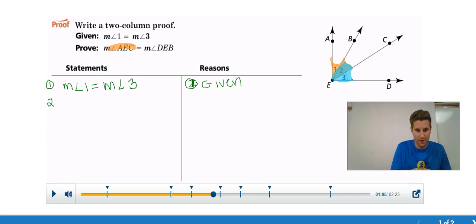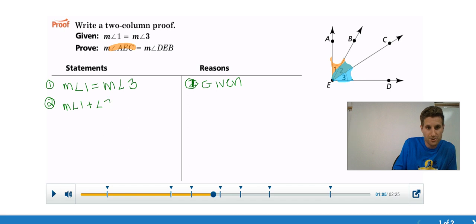Number 2. Okay, I want to show how AEC is made. It's made from angle 1 and angle 2. So I want to show that these two angles are actually the same. So I'm going to show that the measure of angle 1 plus the measure of angle 2 equals the measure of AEC.